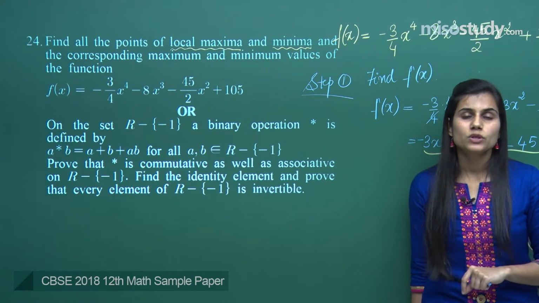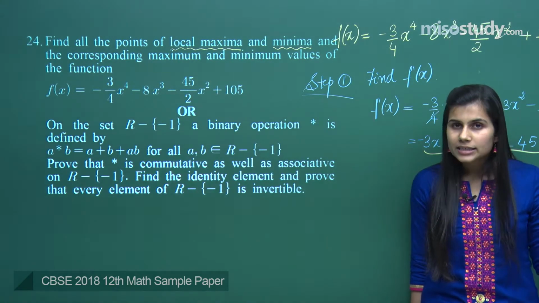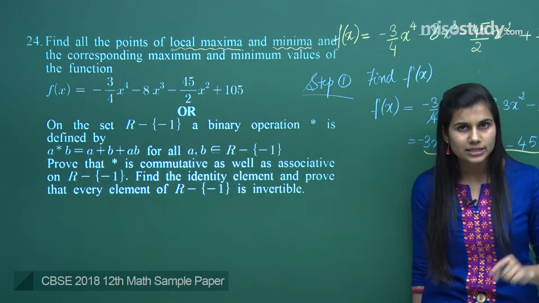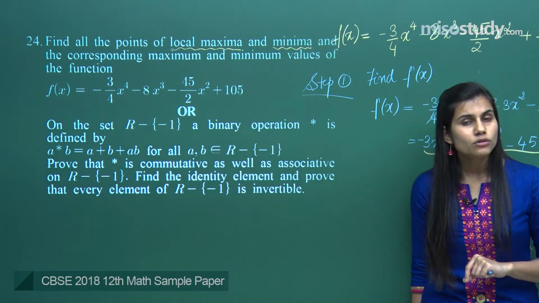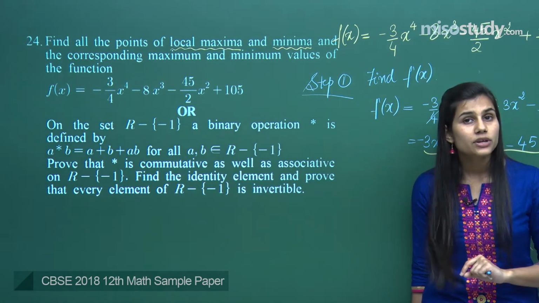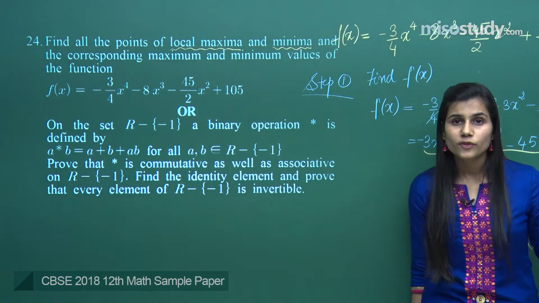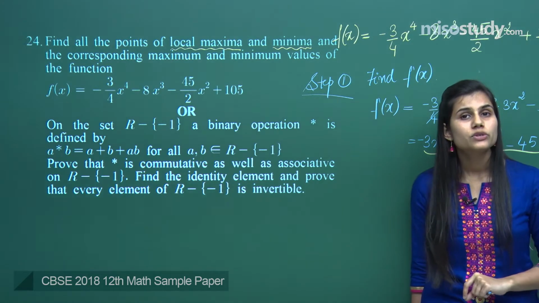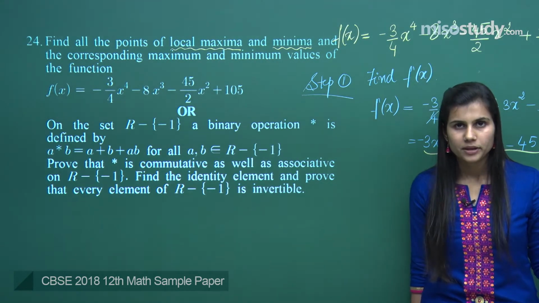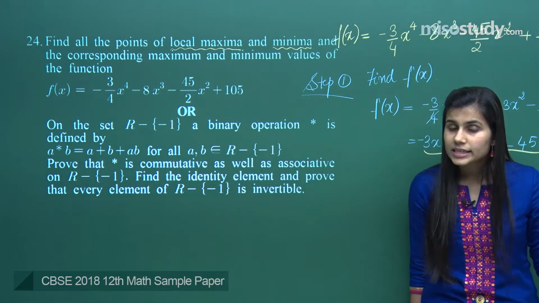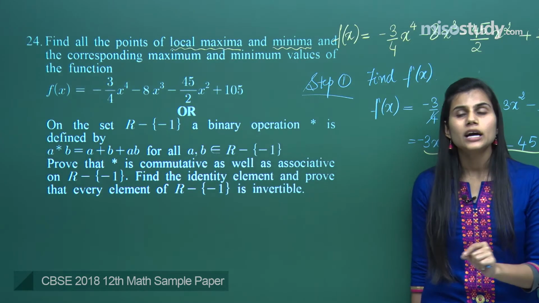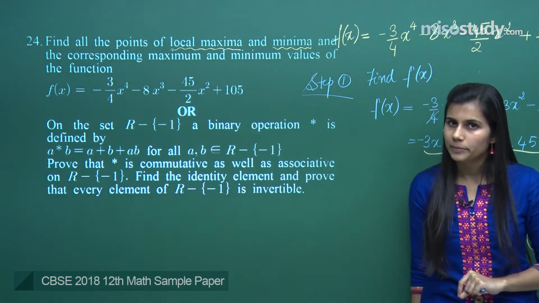F double dash x was what we found, and we plugged in each of these values found in step 2 inside f double dash x in place of x, and we found if those were strictly greater than 0 or strictly less than 0. If it was strictly greater than 0, we declared them to be the points of local minima, and if it was strictly less than 0, we declared them to be the points of local maxima. That's it. Something very, very easy, very, very basic, just applying the second derivative test to find out the points of local maxima and local minima.